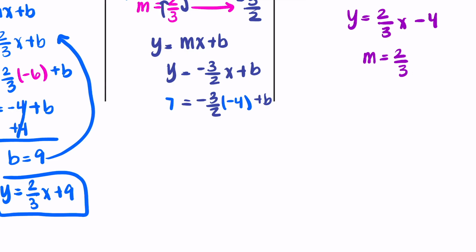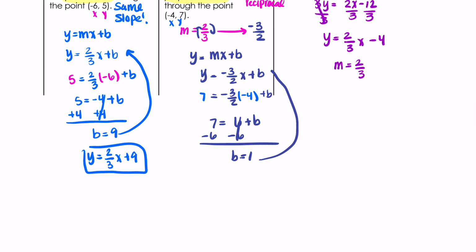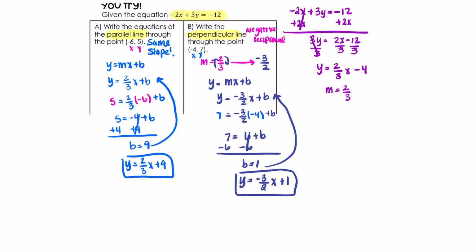Divide by 2 gives me a 6. So we get 7 equals 6 plus b. And then we subtract both sides by 6. So we get b equals 1. So now when we put it all together, my equation is going to be y equals negative 3/2 x plus 1. And that's how we write the equation of a line.